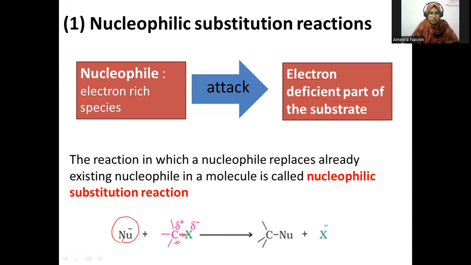So our incoming nucleophile will attack this electron deficient carbon, and subsequently the halide ion will leave the product and we'll get a product in which the halogen atom is replaced by a nucleophile.